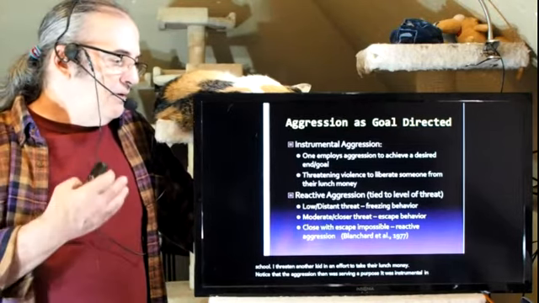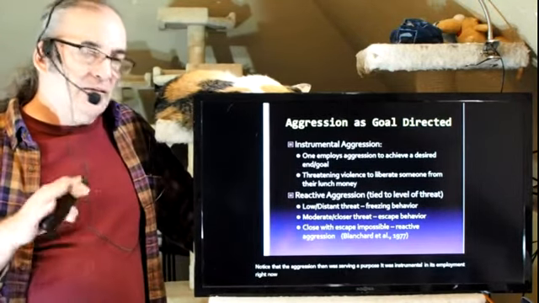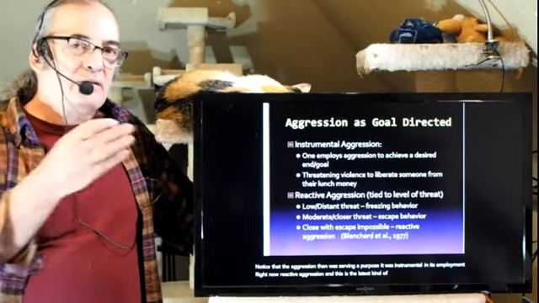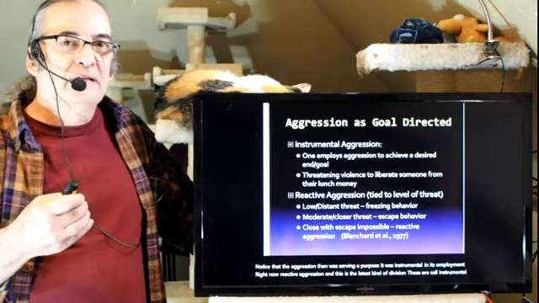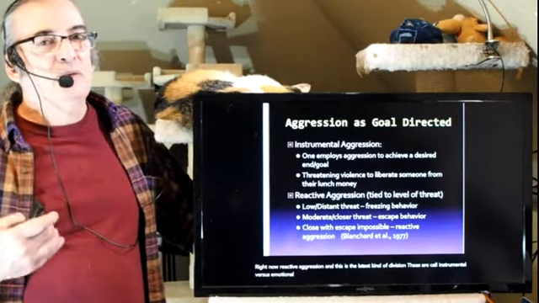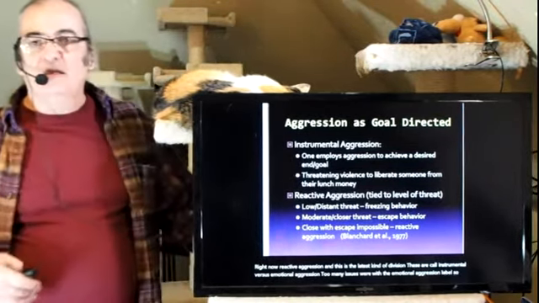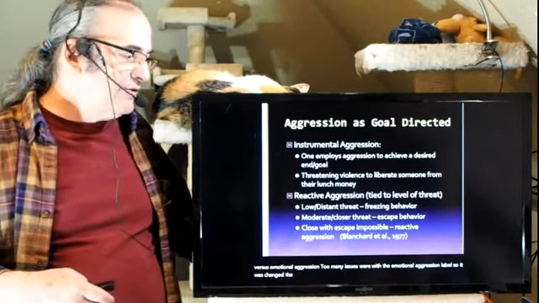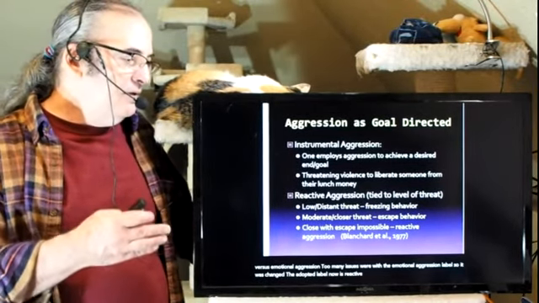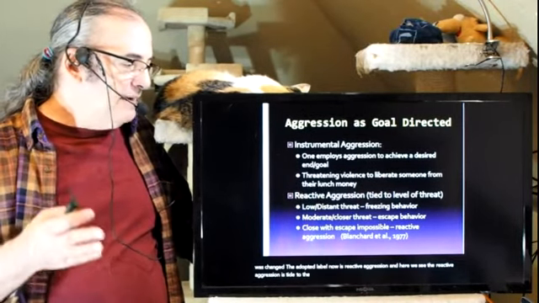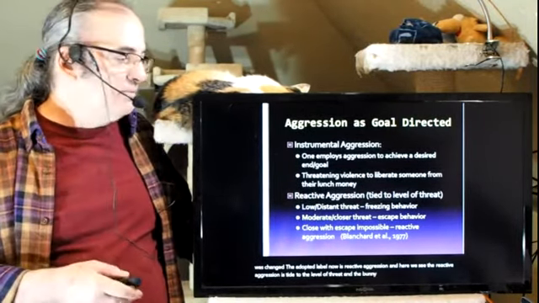All right. Now, reactive aggression, and this is the latest kind of division. They used to call it instrumental versus emotional aggression, but there were too many issues with the emotional aggression label, so it was changed. The adopted label now is reactive aggression. Here we see that reactive aggression is tied to the level of threat, and the bunny rabbit example that I gave you earlier applies.